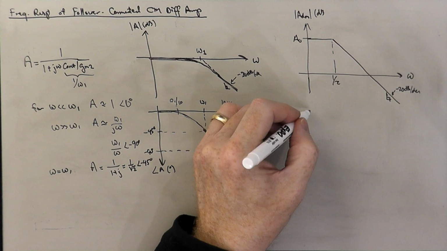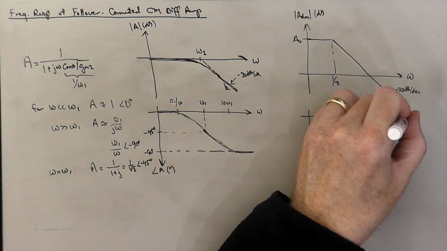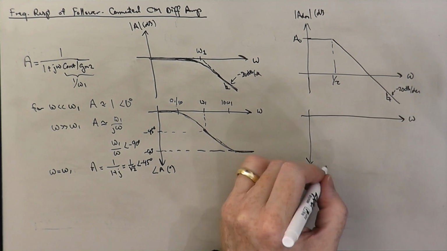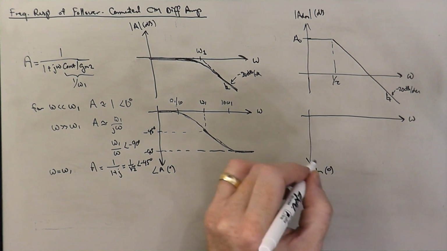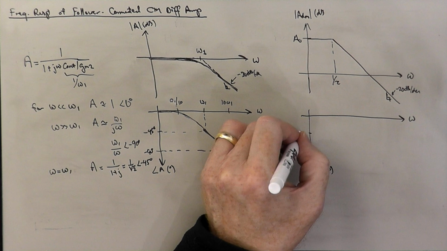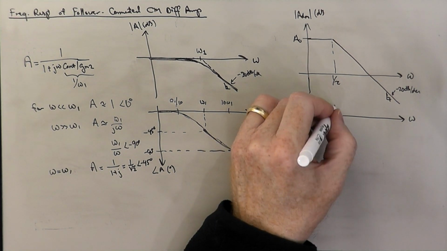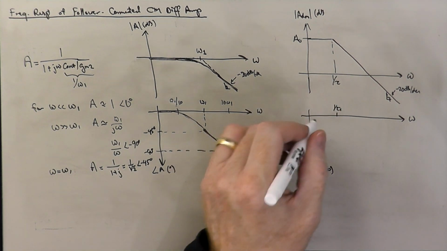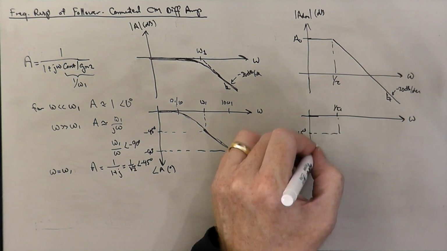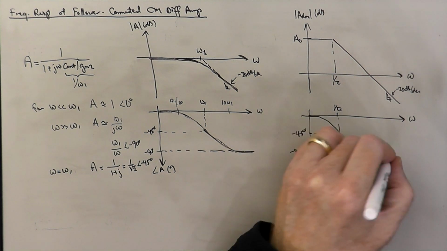We had a similar kind of phase response in degrees, minus 90, minus 45. And in this case, it was at 1 over tau, so it was shifted. Something like that.